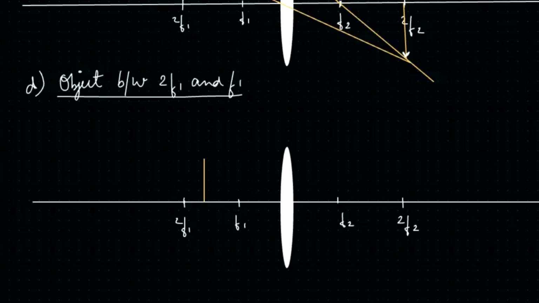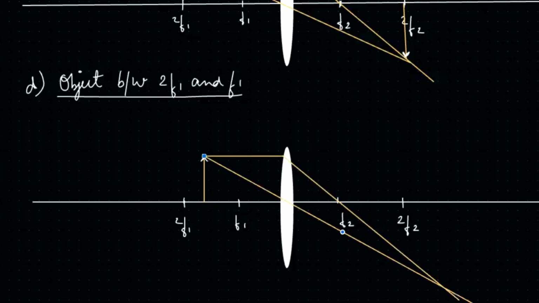So we have rays, the first ray again parallel to the principal axis, and it will meet at the focus. We will extend the ray here. Now, the second ray will pass through the optical center, and they will meet at this point.